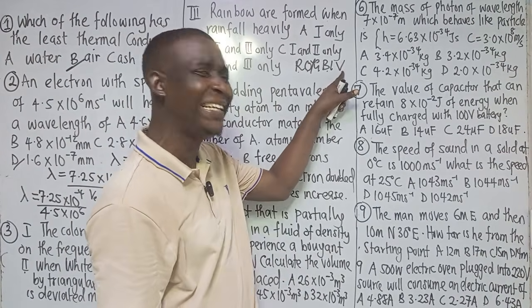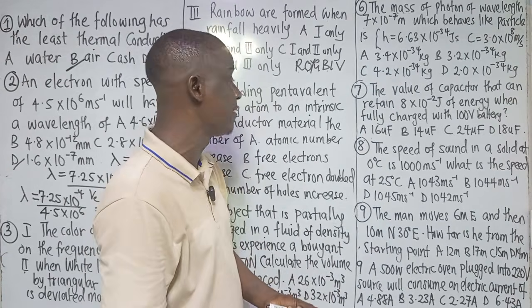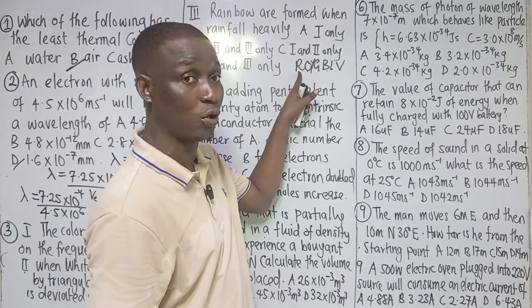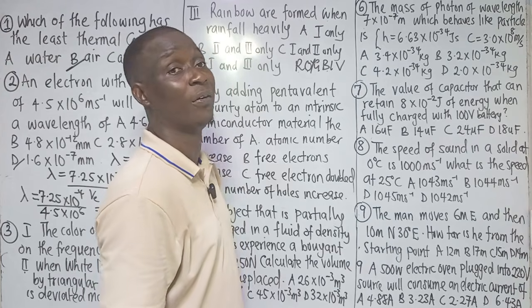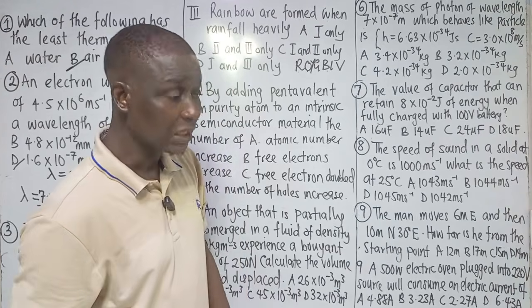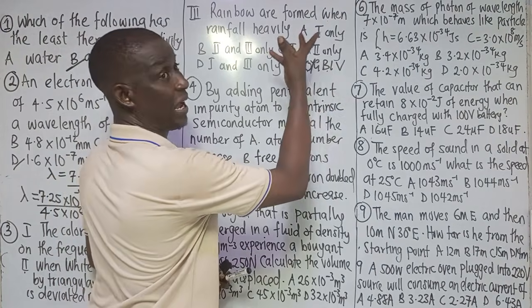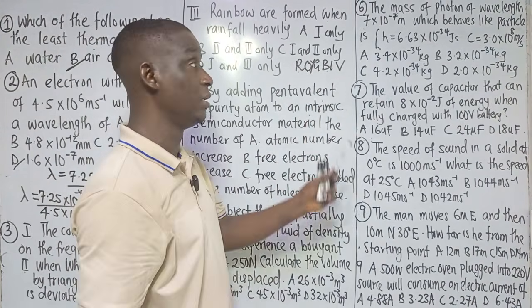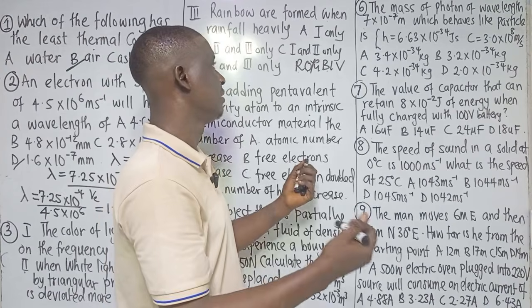Though violet has the least wavelength and, don't forget, the highest frequency, red has the least deviation, the highest wavelength, or least frequency. So if you are asked which of them has the least frequency or least wavelength, you will say violet.